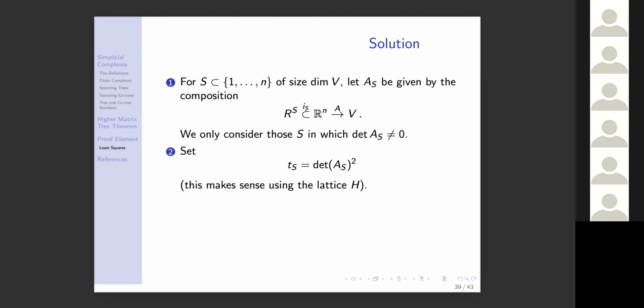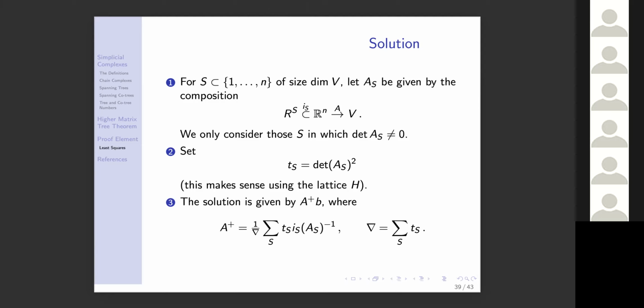So let's take the square of this determinant, and let's call that T sub S. I'm saying things from linear algebra which you may not be aware of, but you can check this is true. These are exercises in linear algebra. If V does not have a basis, but only has a lattice, then you can still take the determinant of A sub S, and it's defined up to sign.